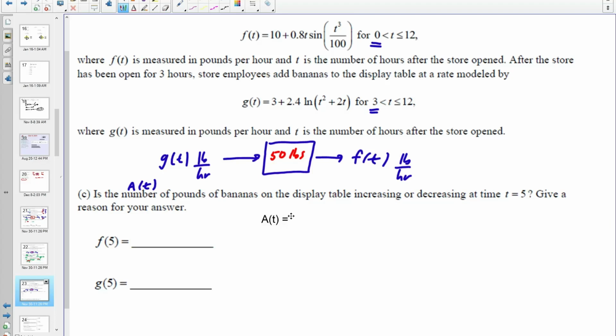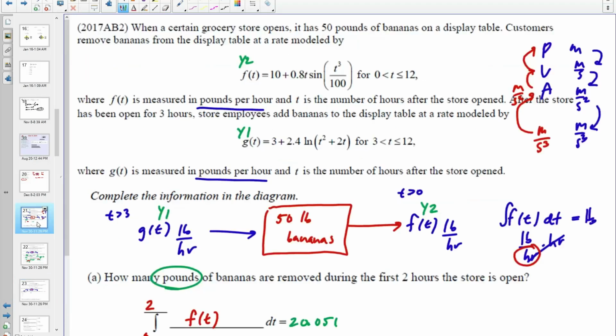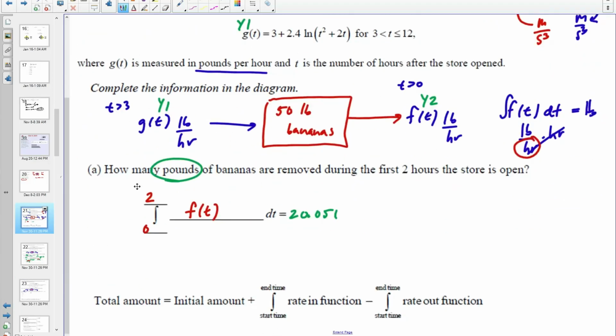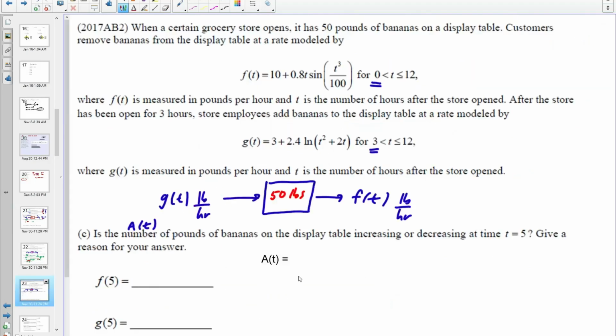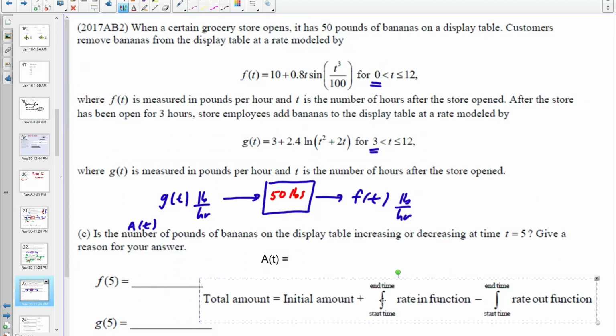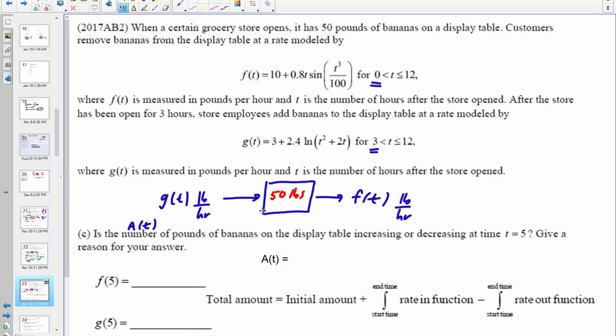All right, we know that A of t is, we didn't get this from the beginning. Let me go back. Whenever you want to find the amount, actually I can just copy this over here. If we ever want the amount of bananas, or whatever the problem says, you integrate the rate to get the amount. So it's the amount existing at time 0, plus the amount going in, minus the amount going out.